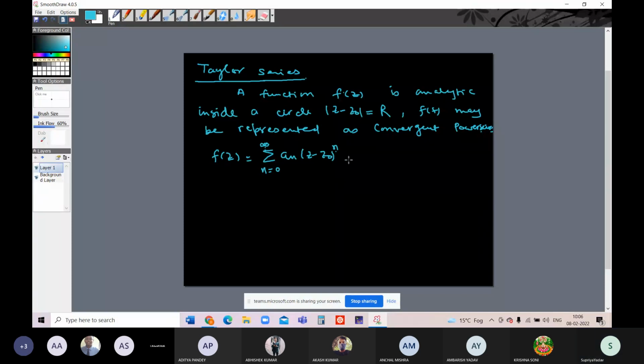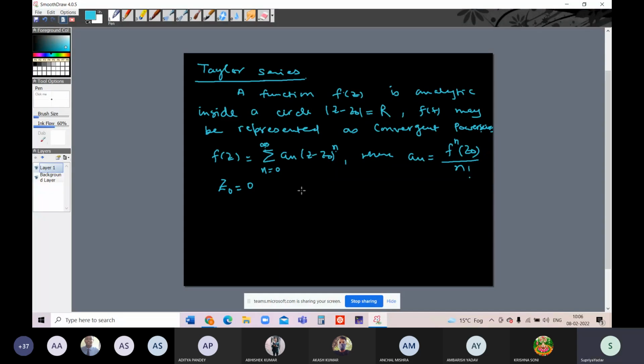The coefficient a_n is given by the nth derivative of the function at the point z0 divided by factorial n. And when z0 is 0, that is, if this point is the origin, then this Taylor series is called the Maclaurin series.